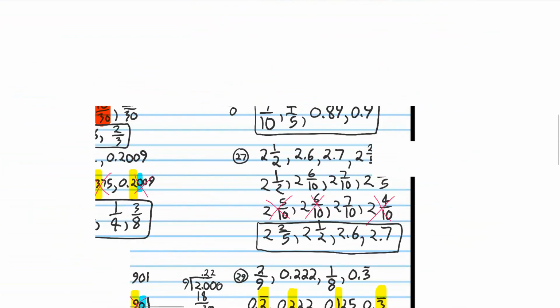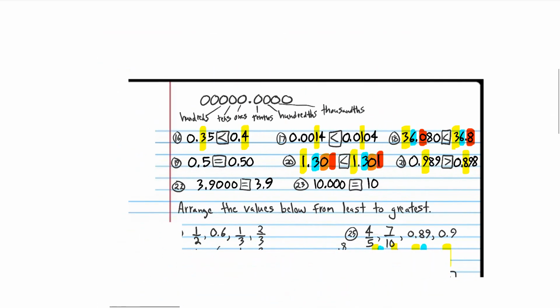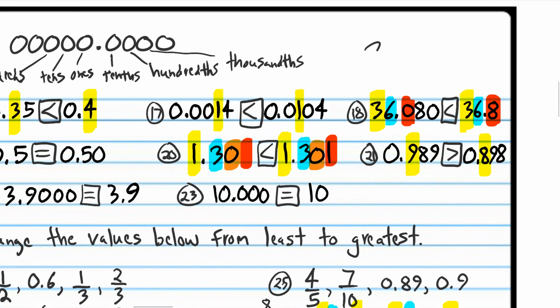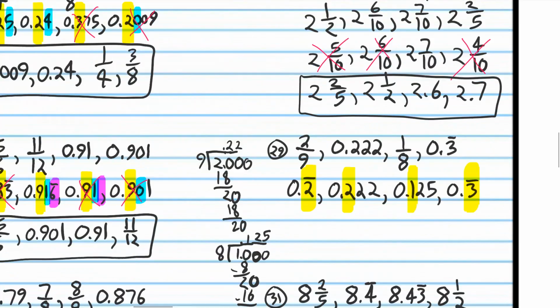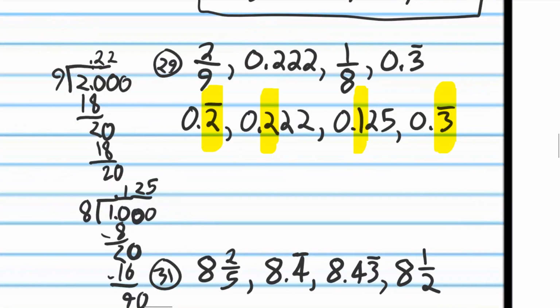But if you have a situation where you have 0.288, for example, and another number that's 0.000999, obviously this number is bigger because we have a 2 in the 10th place, whereas here we have a 0. So just be aware that that makes it even easier. But with our problems, we're making it difficult because these numbers are really close together.